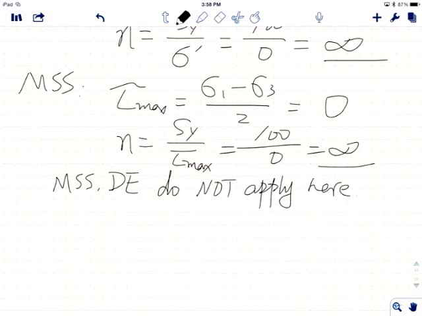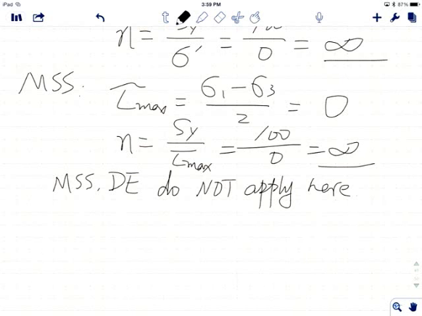Because it's against the fundamental assumption of these failure criteria. There's no distortional energy, so therefore you don't have distortional deformation, and there's also no minimum and maximum. They're all the same, so therefore you don't have shear stress inside of it, so failure doesn't happen. But theoretically speaking, is it true you have infinity?